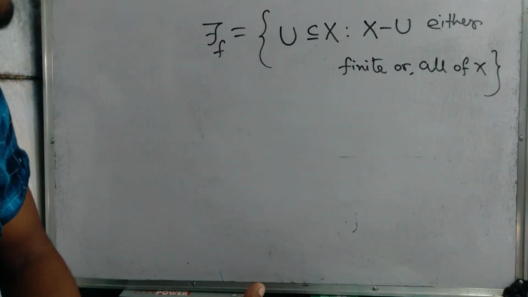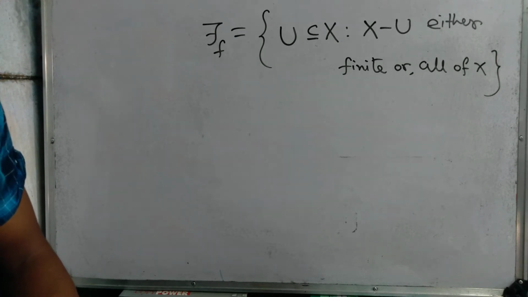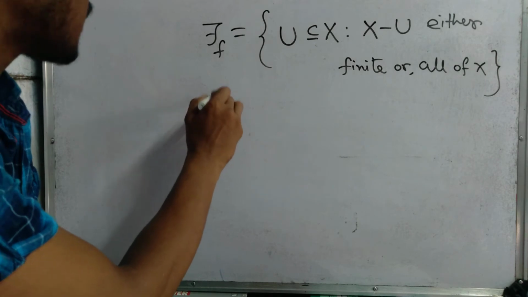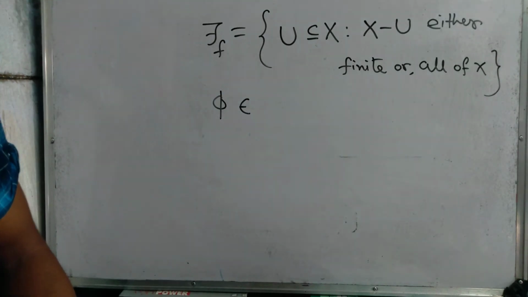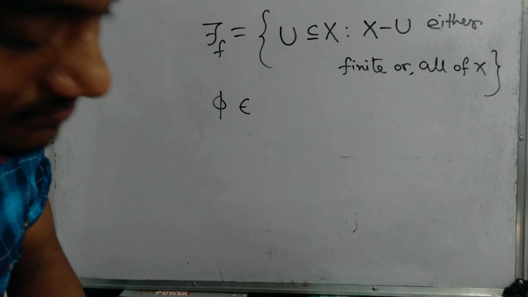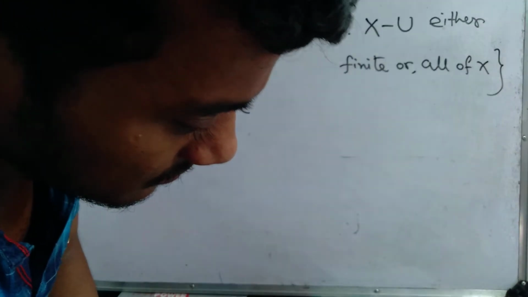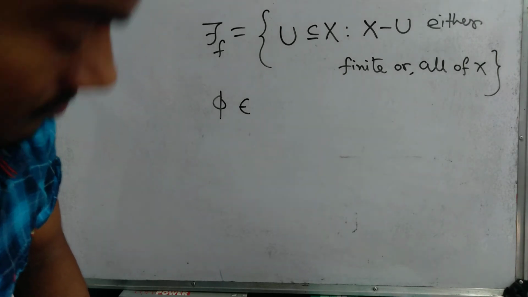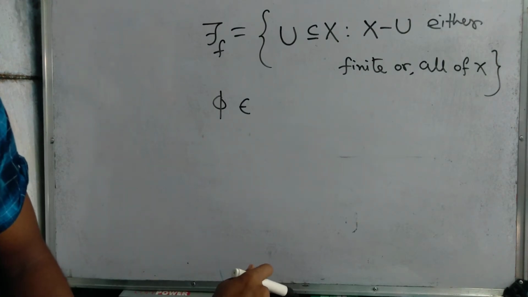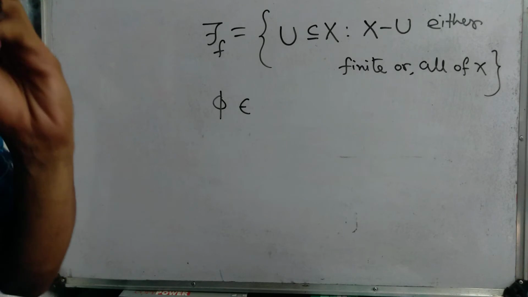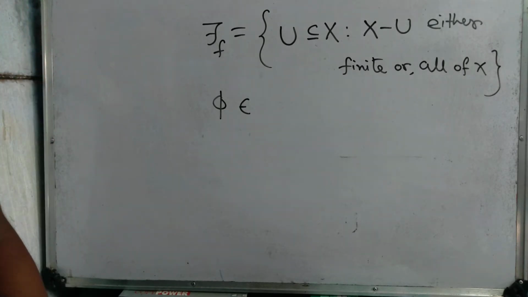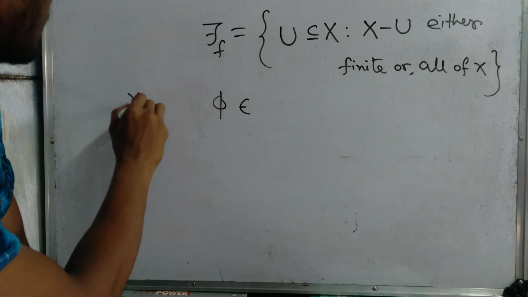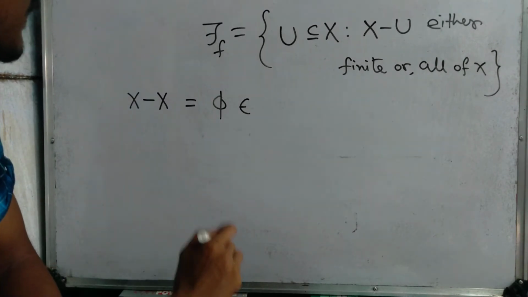Otherwise, phi also belongs to this. So we first see that phi must belong to this one, because X minus X, X difference X, equals phi, which belongs to tau f.